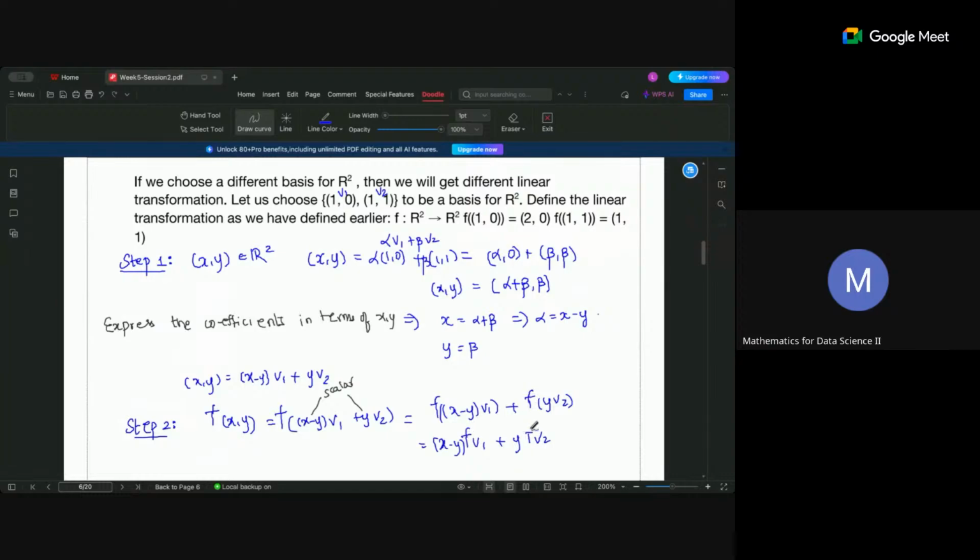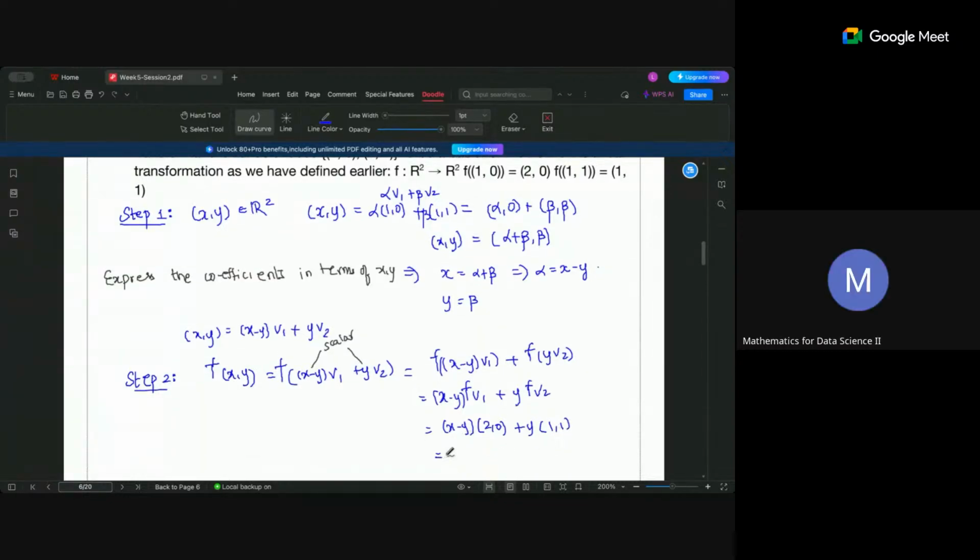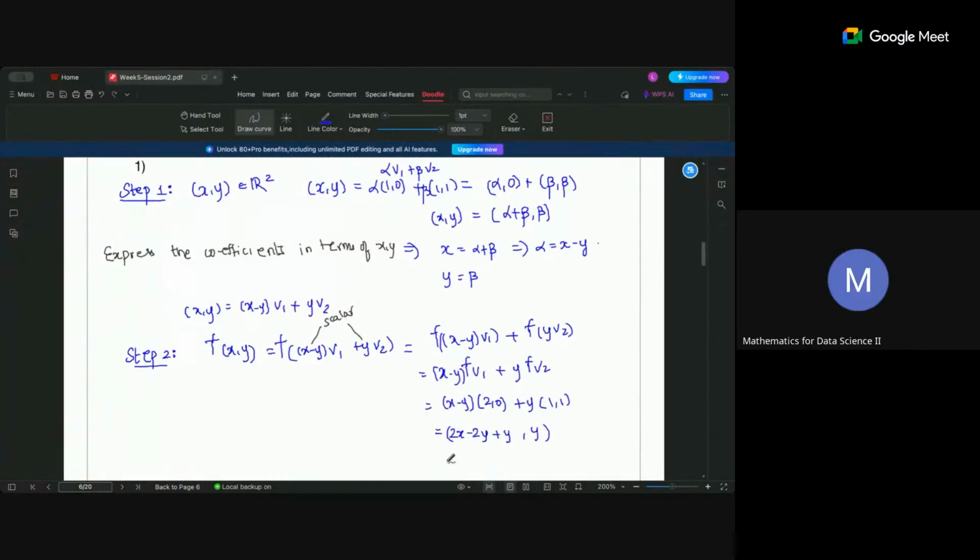What is your Fv1 and Fv2? Fv1 is (2, 0) and Fv2 is (1, 1). After transformation you get (2(x minus y) plus y, y), so you get (2x minus y, y).